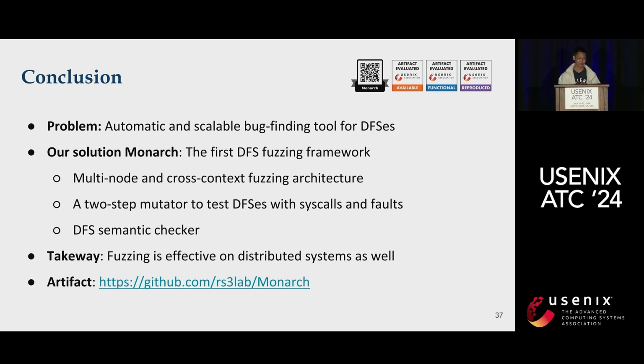And also we have a semantic checker for distributed file systems for finding all kinds of semantic bugs. So from the evaluation, we can see fuzzing is still as effective in distributed systems as it is in local systems.